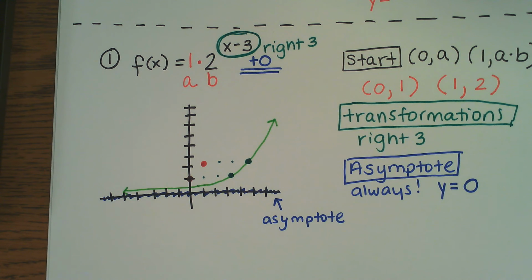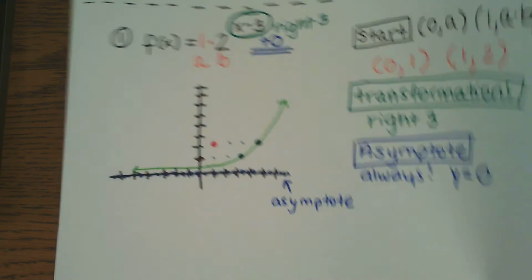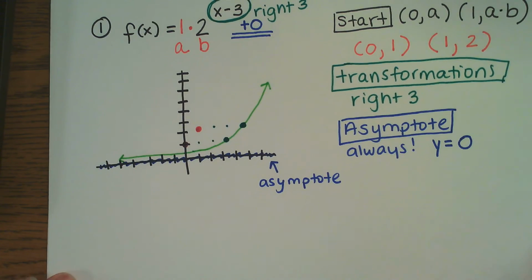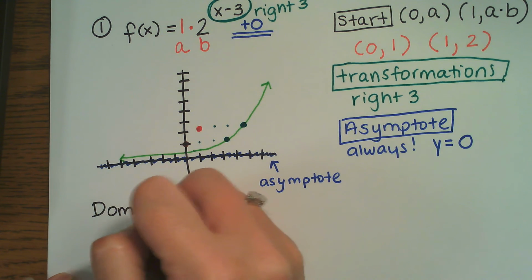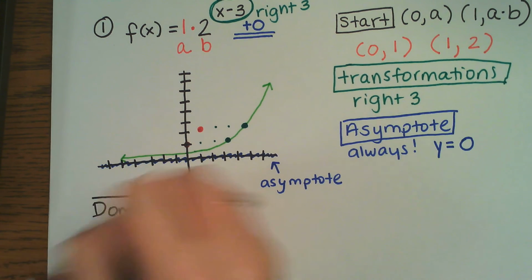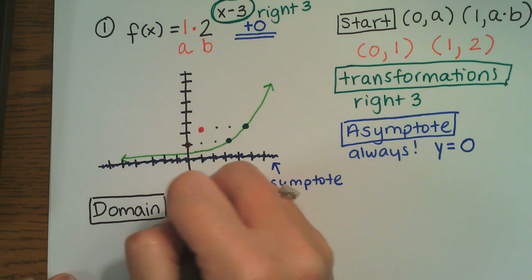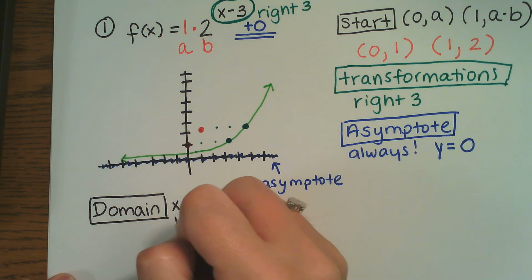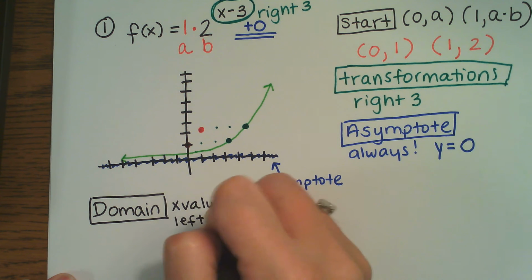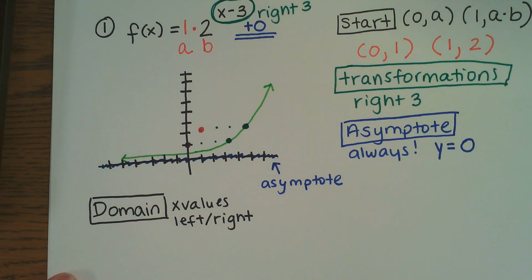So the new information that I want to discuss with you today, I'm just going to kind of add on to the idea of this graph, and we're going to discuss the domain and the range. Domain refers to the x values and basically says how far left and right does the graph go.